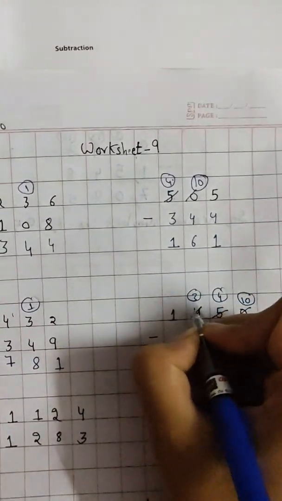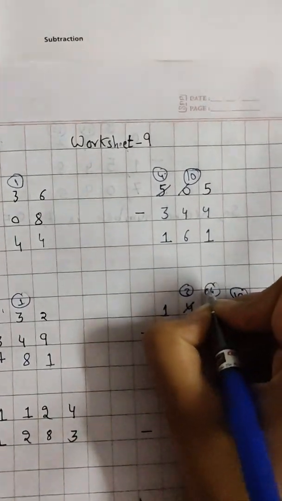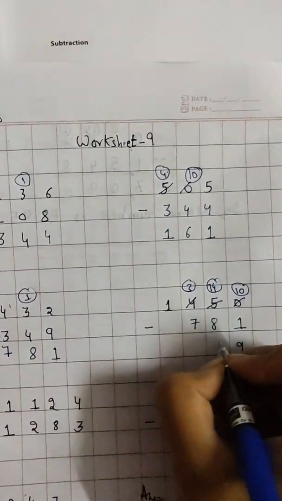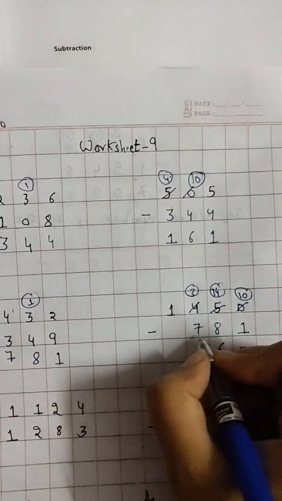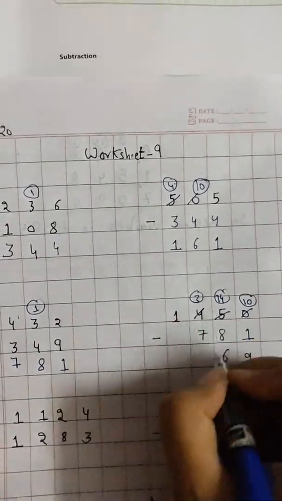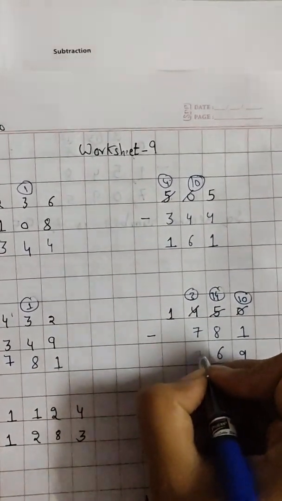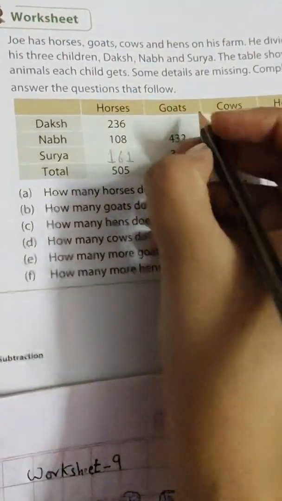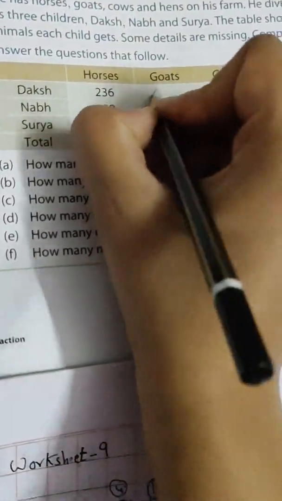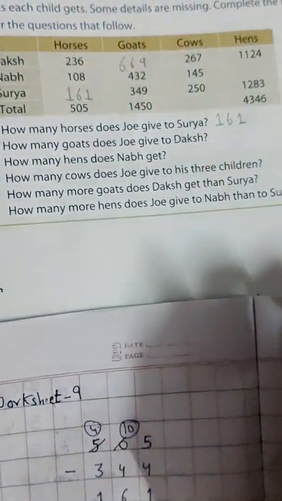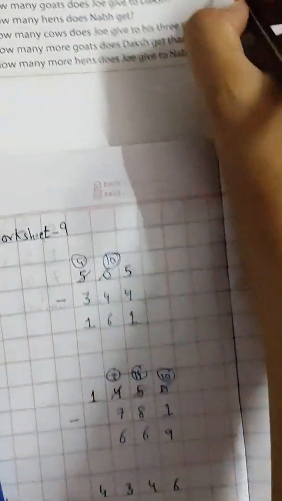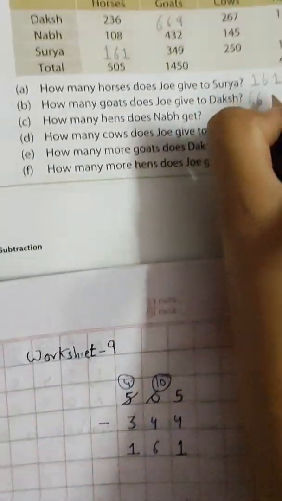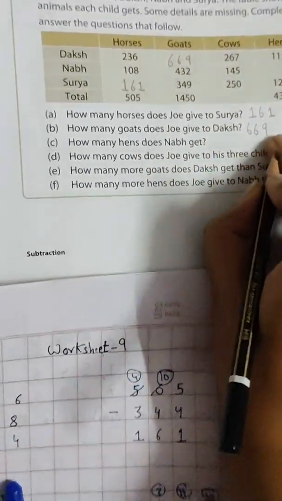This will become 3 and this will become 14. 14 minus 8 is 6. 3 minus 7 is not possible, so 13 minus 7 is again 6. So 669 goats are with Daksh. We have found the answer here. So you will write 669 here also.